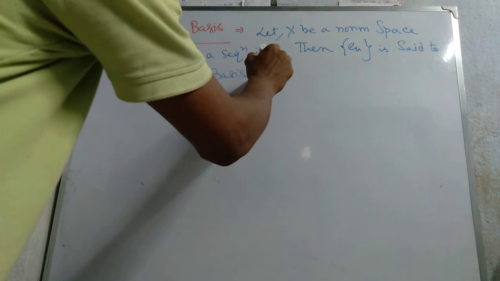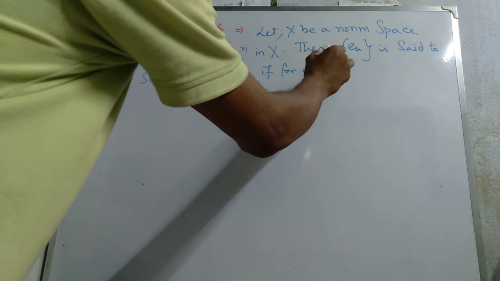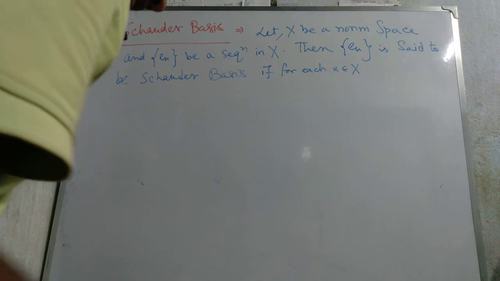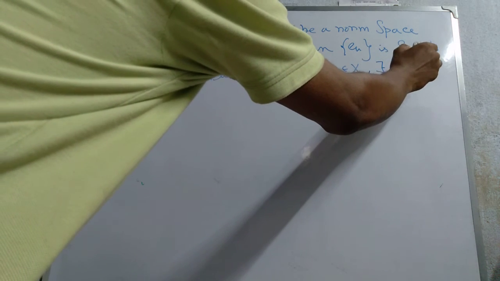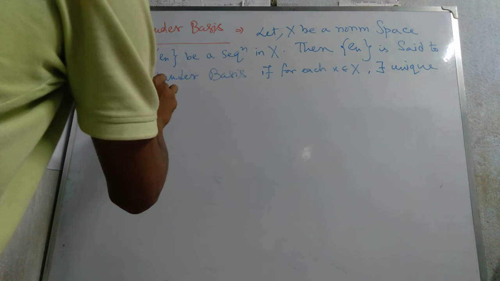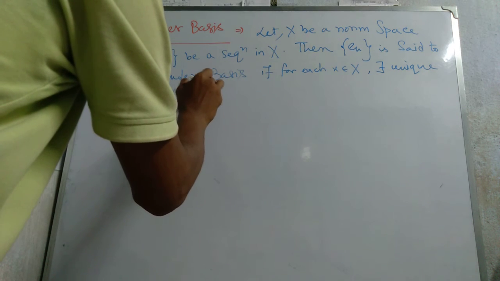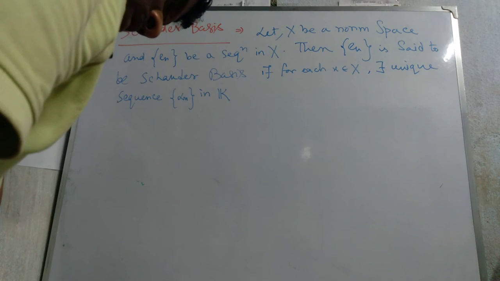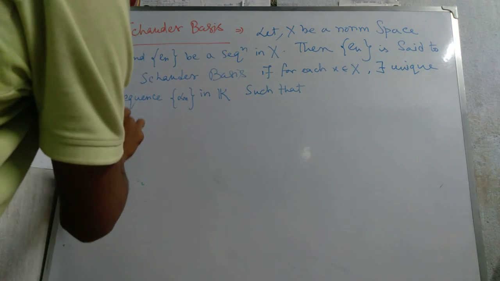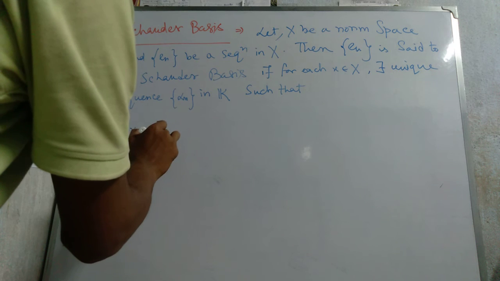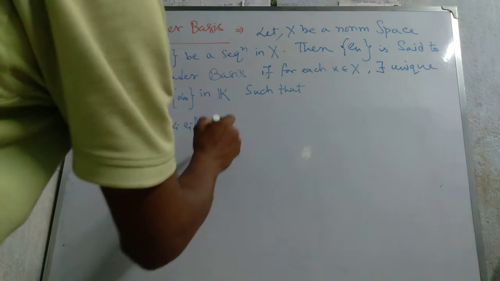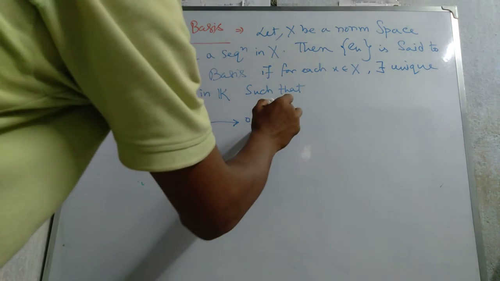if for each x belongs to X, there exists a unique sequence alpha n in K such that the norm of x minus the summation i equal to 1 to n of alpha i Ei tends to 0 as n tends to infinity.